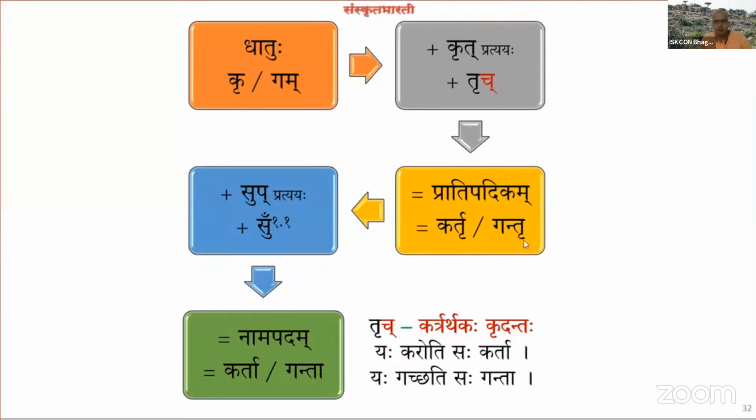Then when you add Su Pratyay, you can get Nam Padam, Karta or Ganta, like this. Kartri becomes Karta and Gantri becomes Ganta.